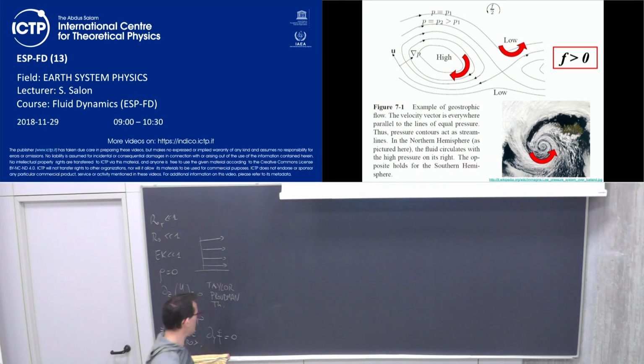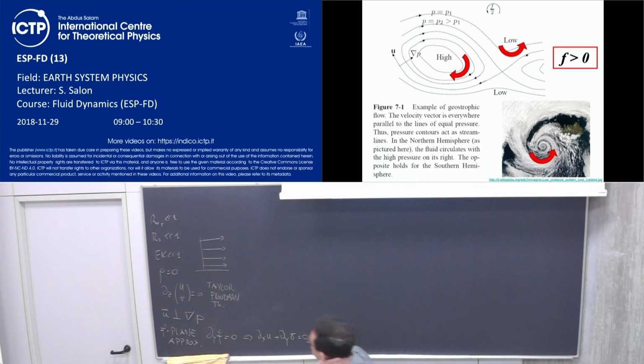This helps us find that the horizontal divergence is 0, and so we said that geostrophic flows on the f-plane are non-divergent.